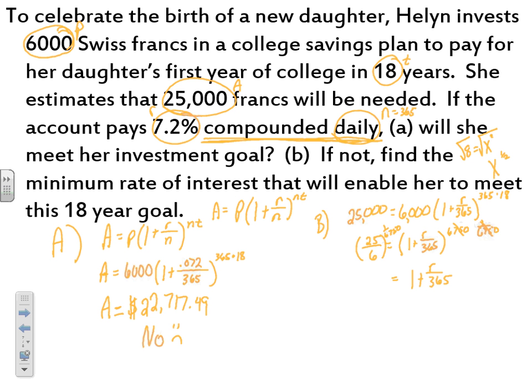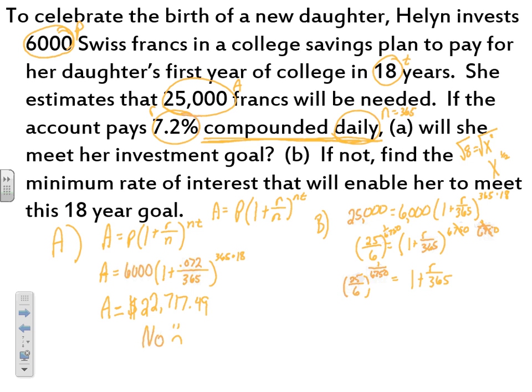And unfortunately, 25 over 6 wasn't a nice decimal number to begin with, and if I raise that to the 1 over 6,750th power, it still isn't a very nice number. So I'm going to keep it as the way I have it written, 25 over 6 to the 1 over 6,750th power.